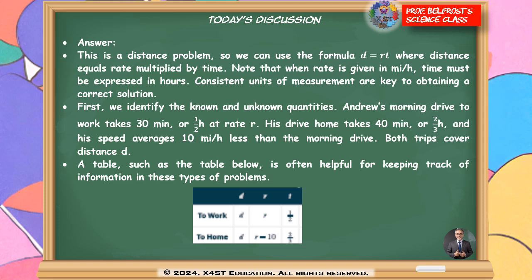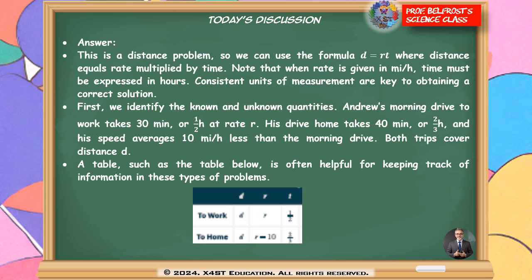So what's the same here is the distance d. So you can write down and create a table to include all the information. So to work, d is d, r is r, t is half, and back home, the d is still d, the r is r minus 10, and the t is two-thirds.